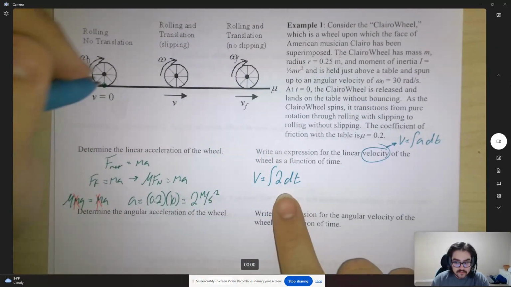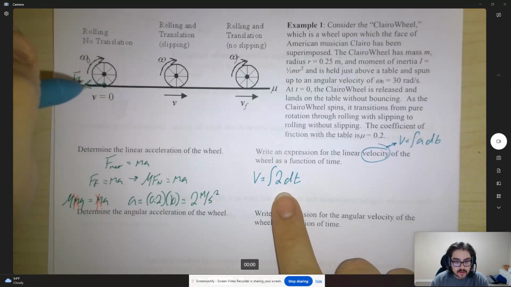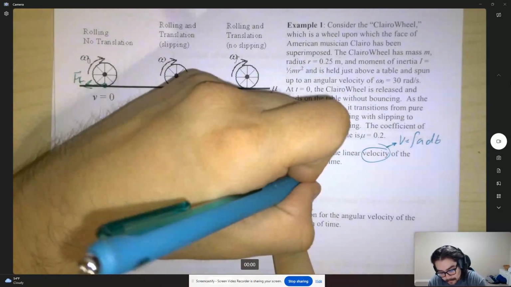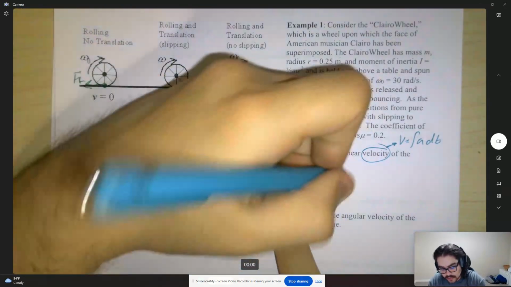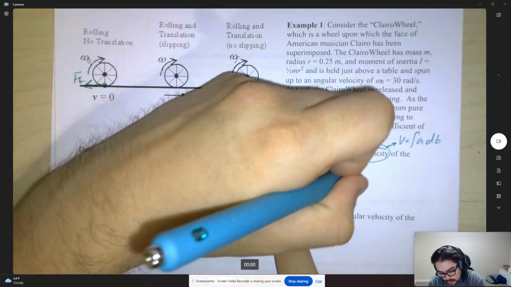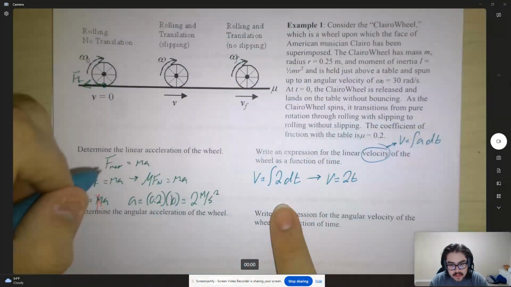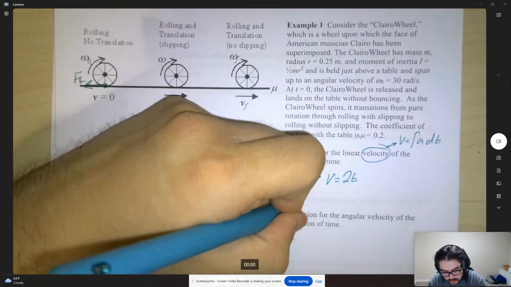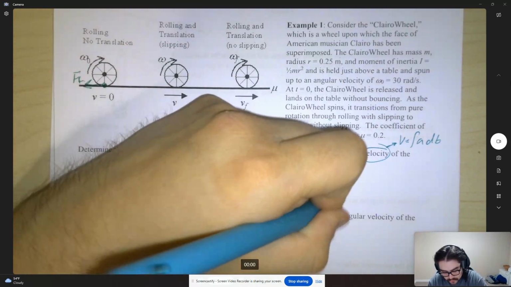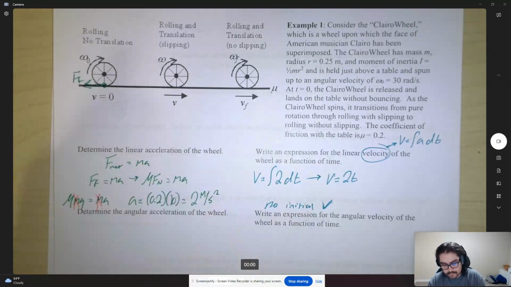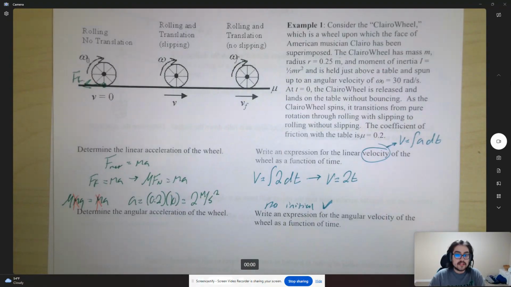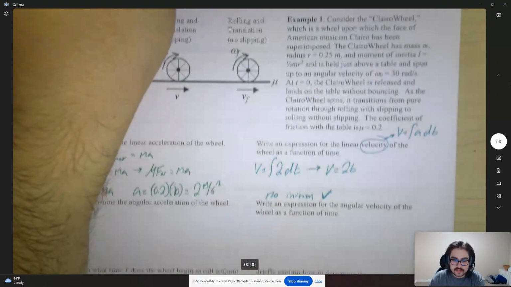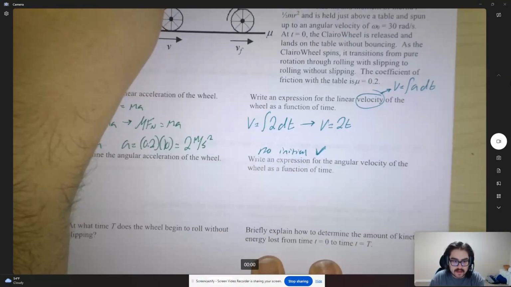Oh, that's a tough integral, right? That's going to be really tough for you to solve. And after enough agonizing pain, you're going to end up seeing that this becomes v equals 2t. There's no need for the plus c because there is no initial linear velocity. There is initial angular velocity, but we'll get to that.